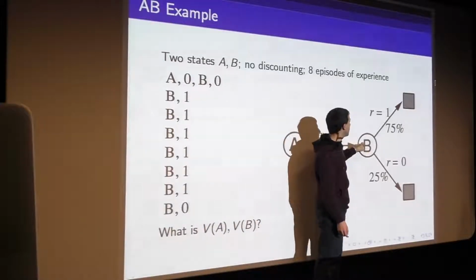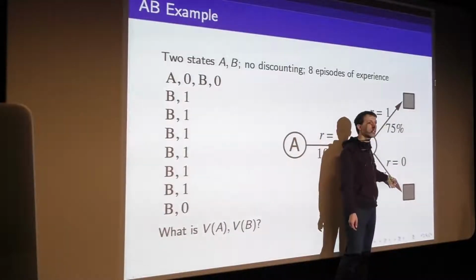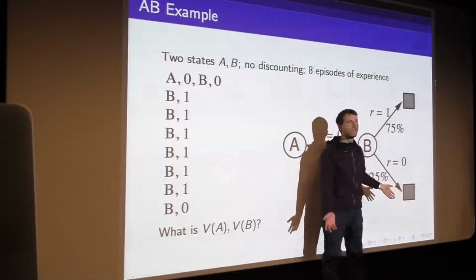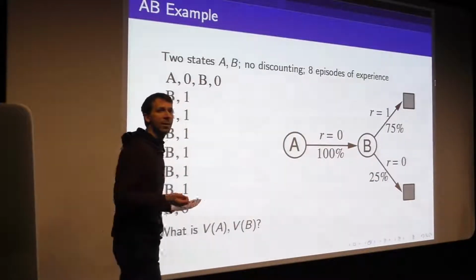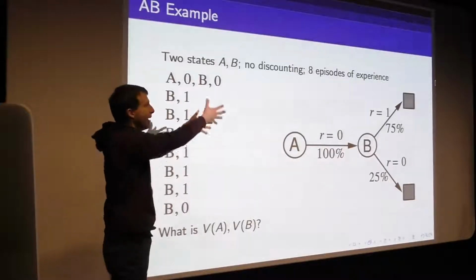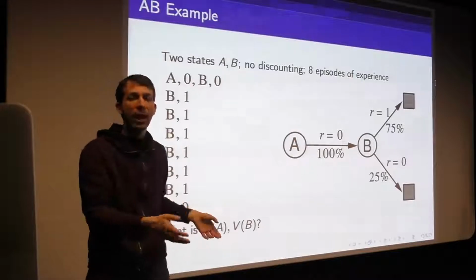And once we got to B, 75% of the transitions gave us a reward of 1, and 25% of the transitions gave us a reward of 0, and then we terminated. That MDP is the best explanation. This is the maximum likelihood MDP that explains this data in the best possible way.